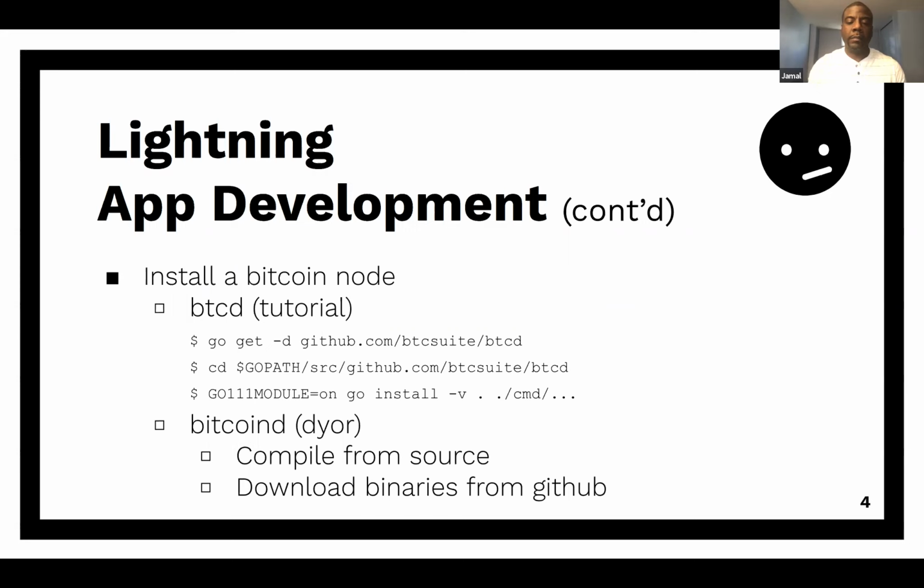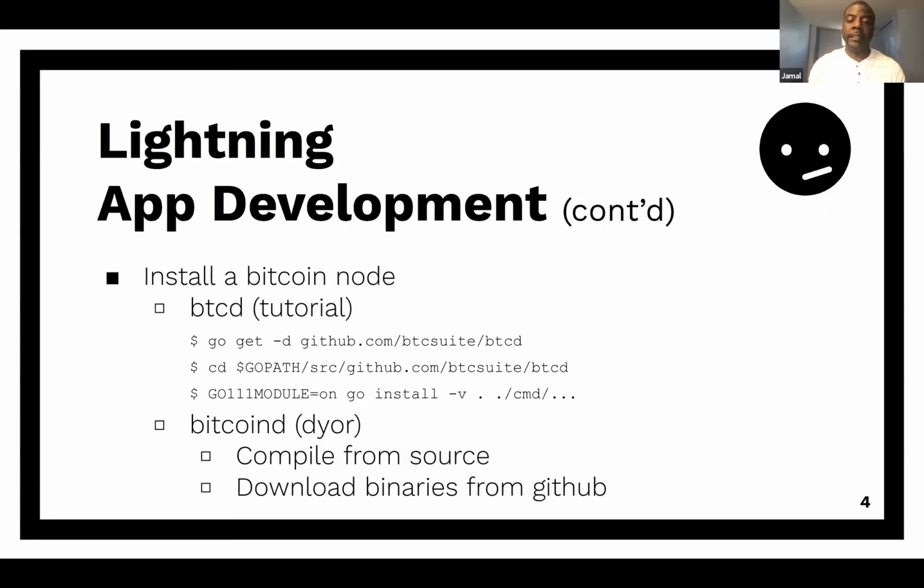When I began building, I started with BTCD, but then I wanted to use Bitcoin D simply because it represents a better match with a production environment in the real Bitcoin network or the mainnet. Over 90% of the nodes are Bitcoin D, so I wanted to make sure everything works locally. It kind of mimics what's in the mainnet.